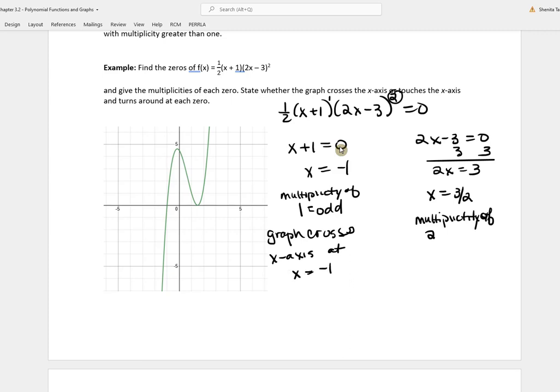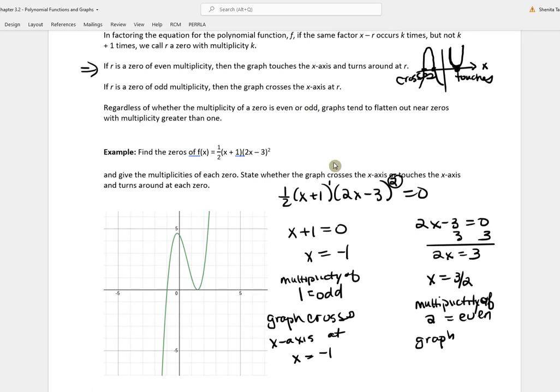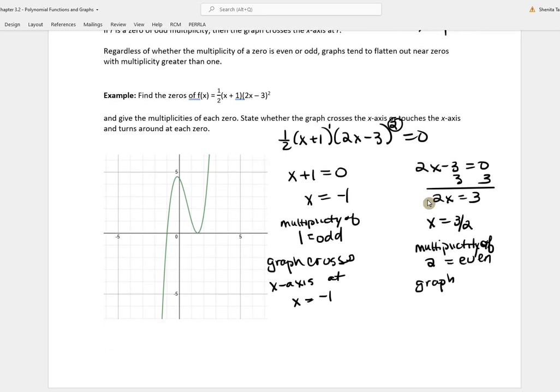Here, this is a multiplicity of 2. 2 is even. So if you go back to what I said earlier, if it's even, it's going to touch the x-axis. So this graph is going to touch the x-axis at 3 over 2 and then turn around. So the graph touches the x-axis at 3 over 2. 3 over 2 is the same as 1.5.